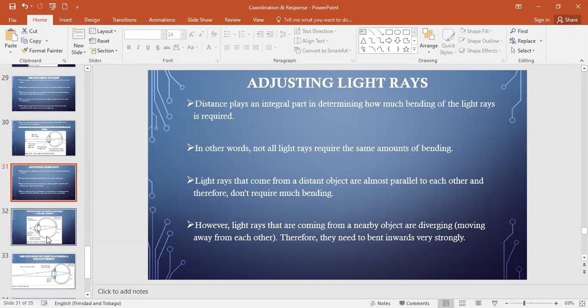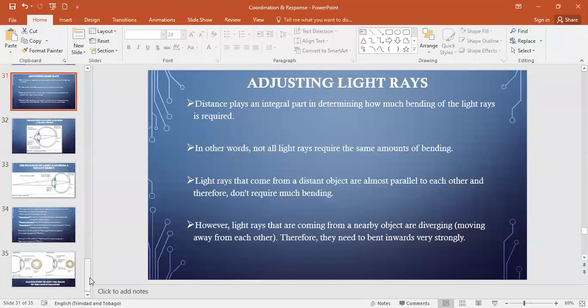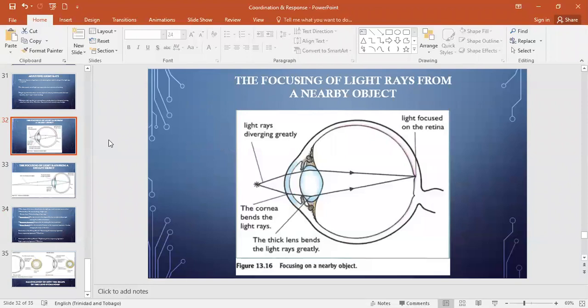Okay, so we're just going to look at two diagrams here which would explain it. So this is how it looks when you are focusing on a nearby object. Remember we said that the light rays are divergent. If it weren't for your cornea and your lens, this would have just reached out there and this would have reached out here. But because of your cornea and your lens, it bends the light inwards to focus on your retina.